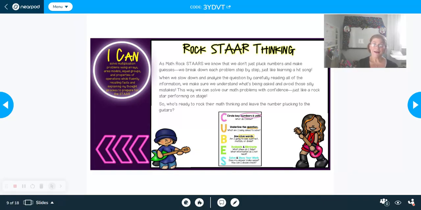When I think about these strategies, especially when it comes to math, I think about my students. And like I said, would the CUBE strategy ever hurt a student? No, it wouldn't hurt.